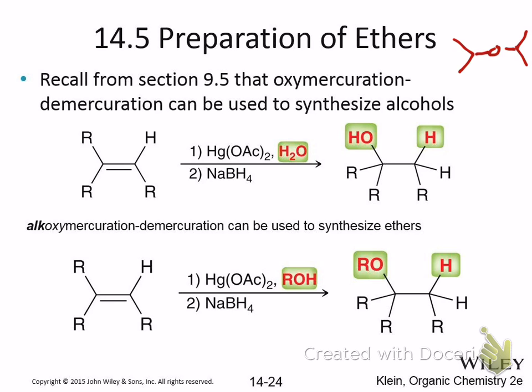The only difference is instead of water as your solvent, you have an alcohol as your solvent. Water is the nucleophile up here. The alcohol is the nucleophile up here. And when you attack with this as a nucleophile, you're going to have RO and another carbon, so that's your ether functional group. Okay, so I'll go over the mechanism for it in a second. But I wanted you to see that these two are essentially the same.